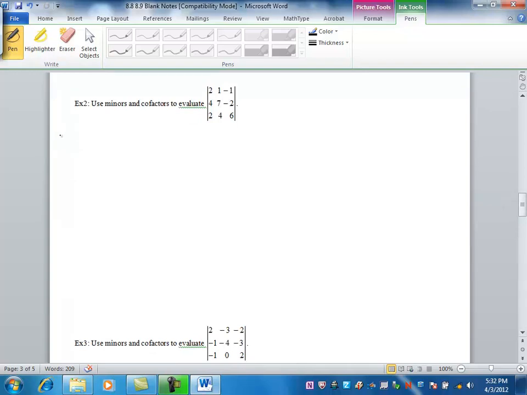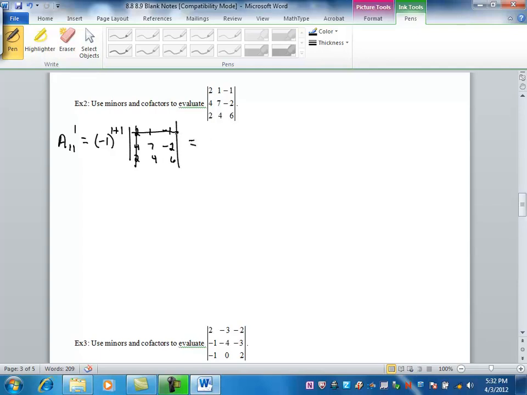The first thing I'm going to do is calculate the cofactor along row 1, column 1. Now, the way we do this is -1 to the 1 plus 1. That's where I get the 1 plus 1. And then I'm going to take this 3 by 3, 2, 1, -1, 4, 7, -2, 2, 4, 6, and I'm going to cross out row 1 and column 1.